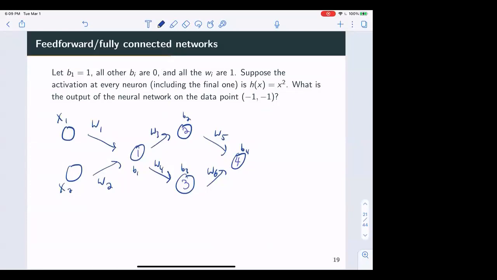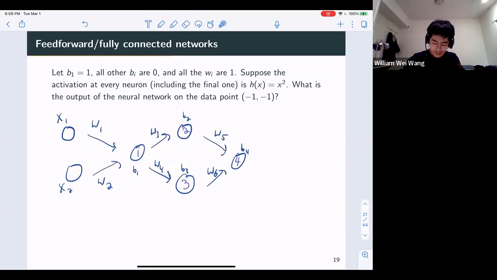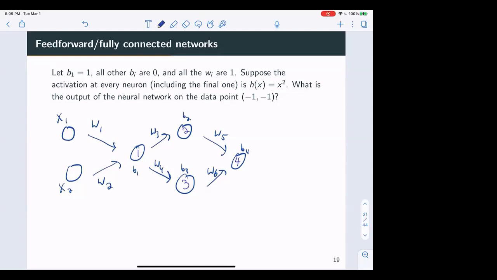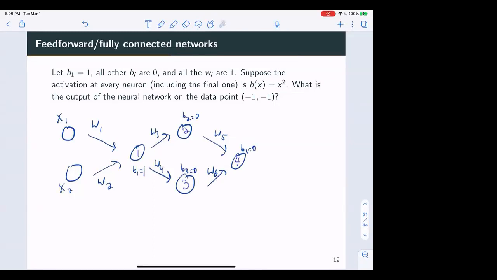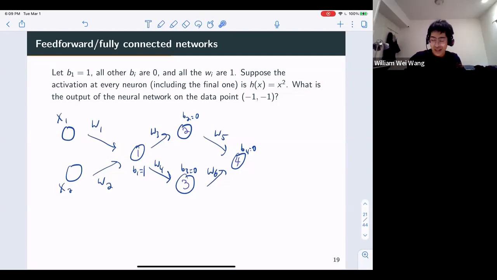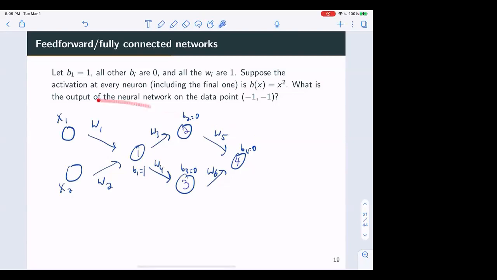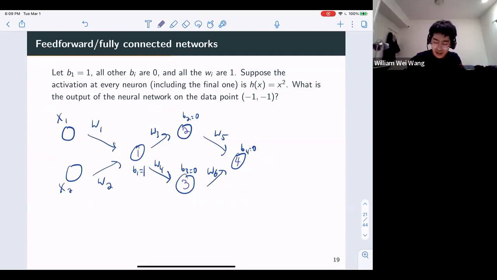Okay, let's do this poll. In this example, I've set B1 to equal 1, and I've set all the other bias terms to equal 0. All the W's are 1, so it's just a simple thing. I'm asking you to calculate what the output is, and the activations are x squared.